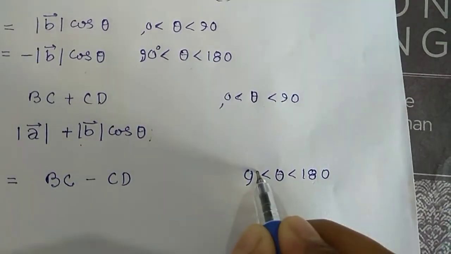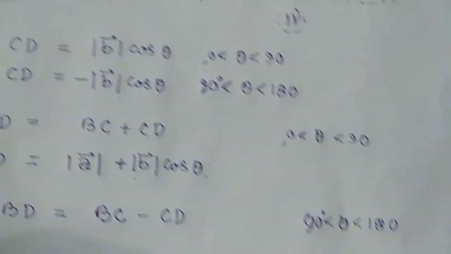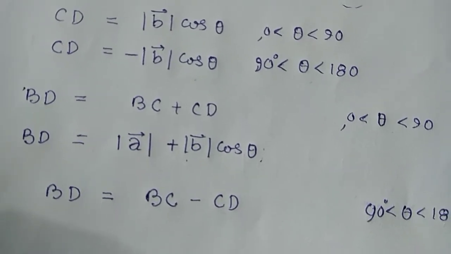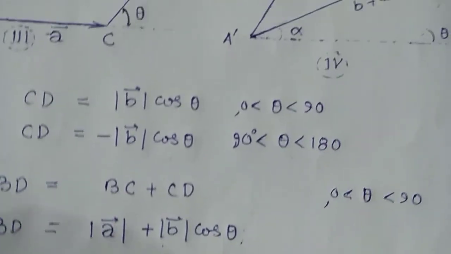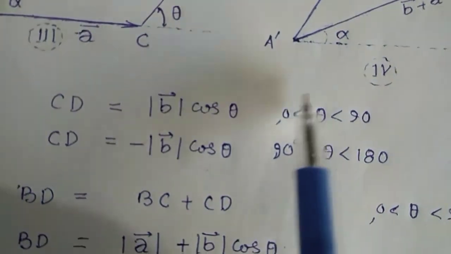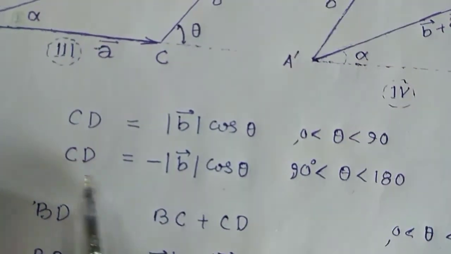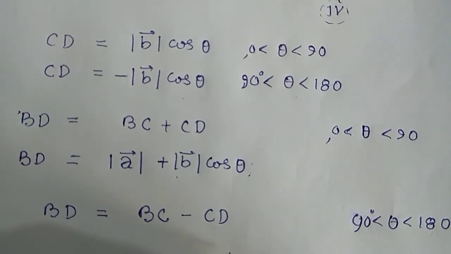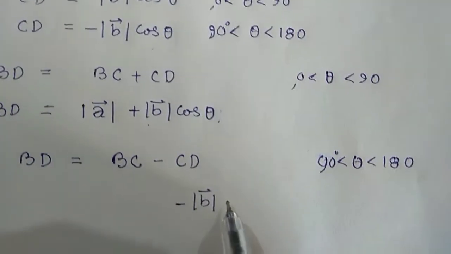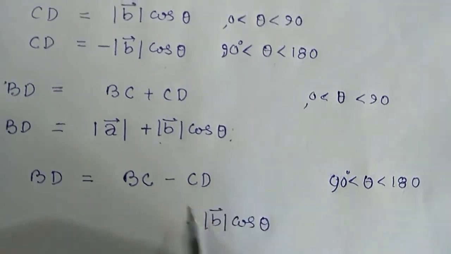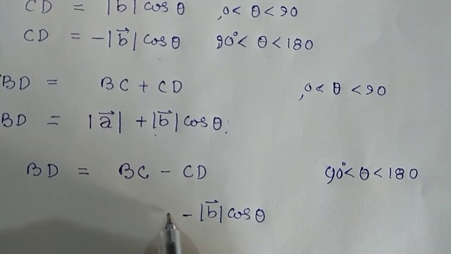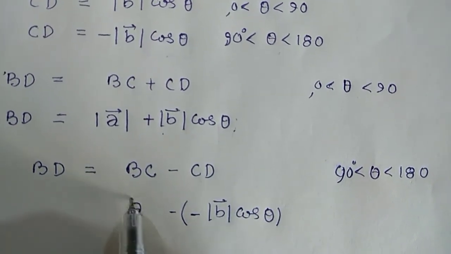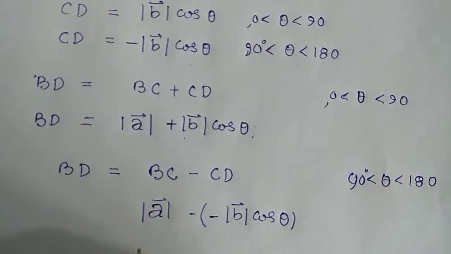Now BD is less than BC. In the second case, CD will be written as minus of modulus of B cos of theta, and minus of this. This is the modulus of A.